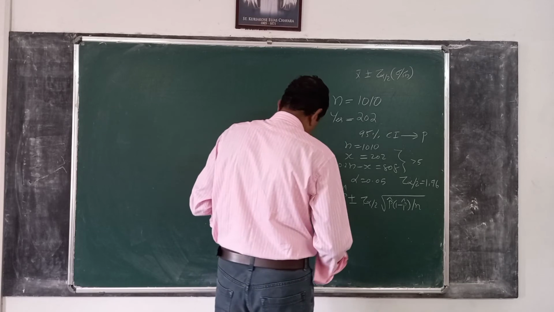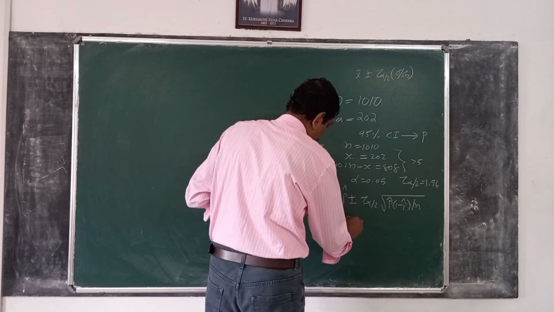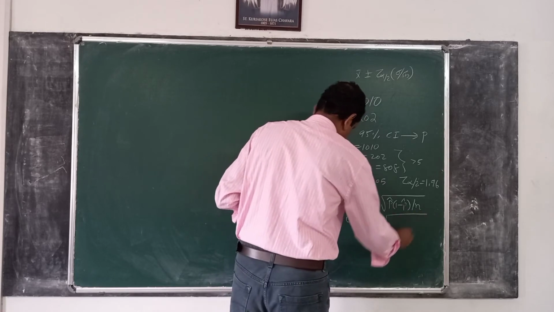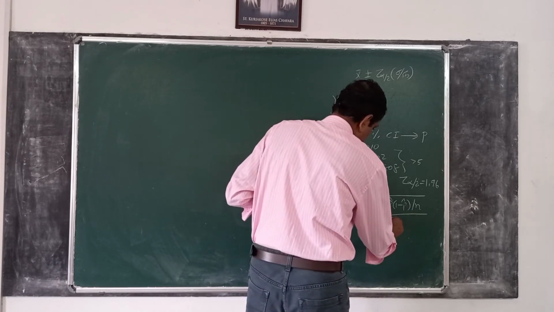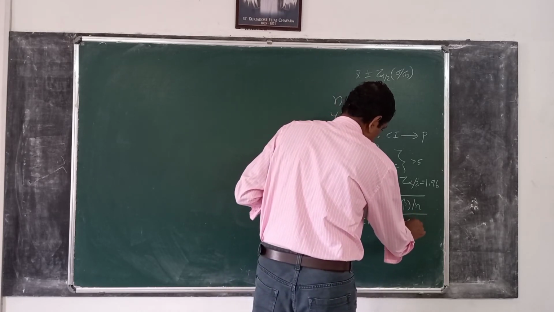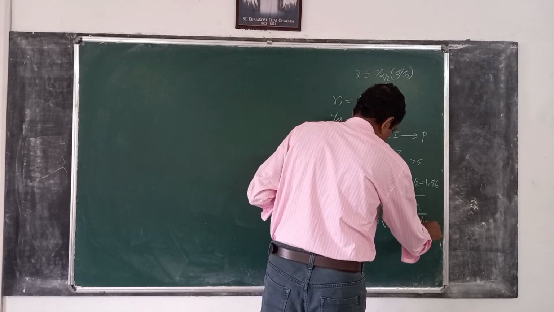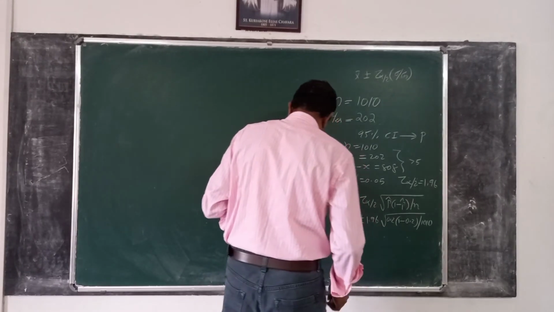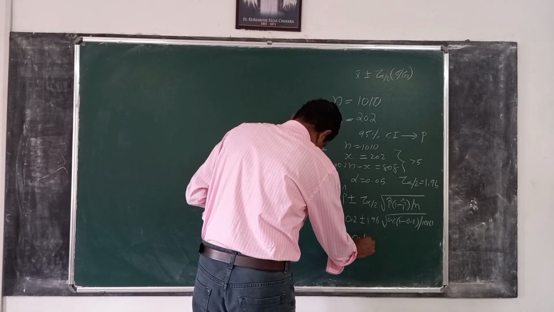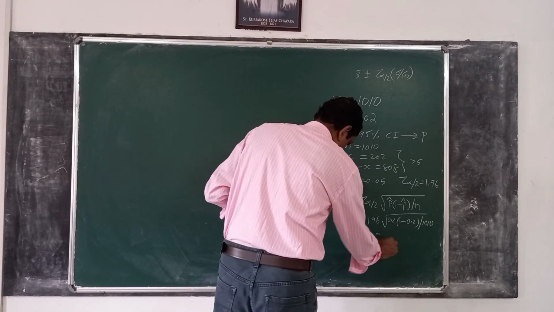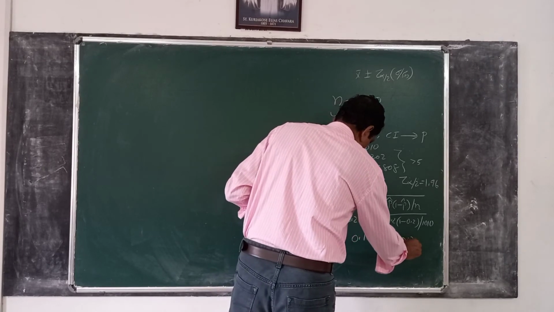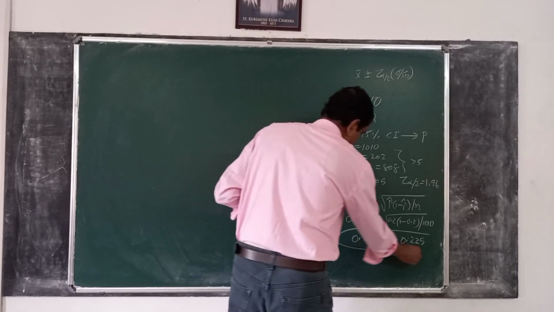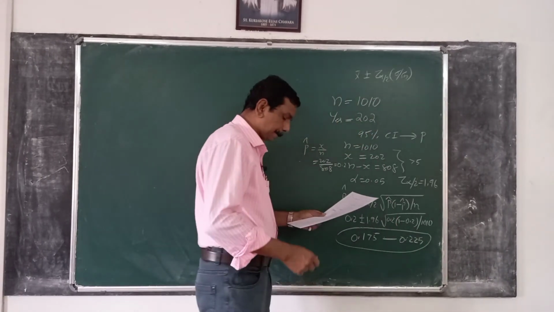So the 95% confidence interval is 0.2 plus or minus 1.96 root 0.2 into 1 minus 0.2 by 1010. The solution will give you 0.175 to 0.225. This is the 95% confidence interval.